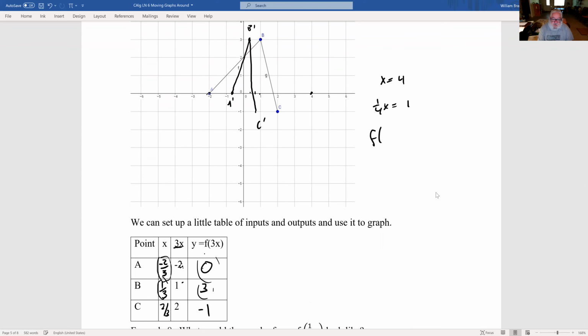And then if we run 1/4 of x through the function, you get f of 1. But f of 1 we know is 3. That means we would have 3 out here. That would be my b value. A would be way out at -8. And then c would be way out at +8.